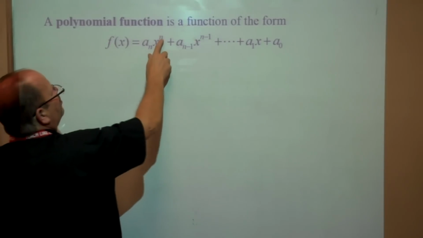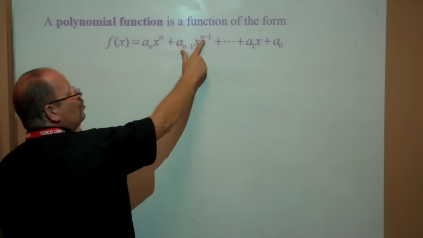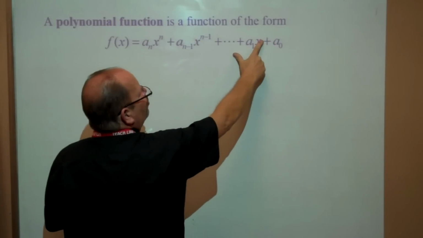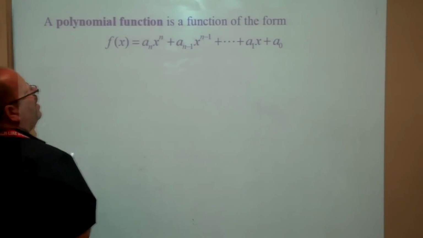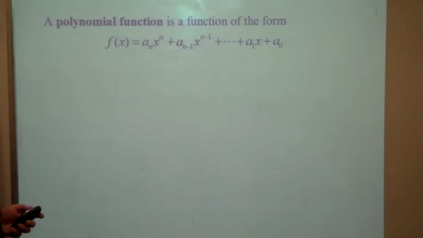Okay, if this was a 3, then this would be a 2, and this would be a 1 and a constant, okay? It's just very formal looking, but not to be afraid of it.